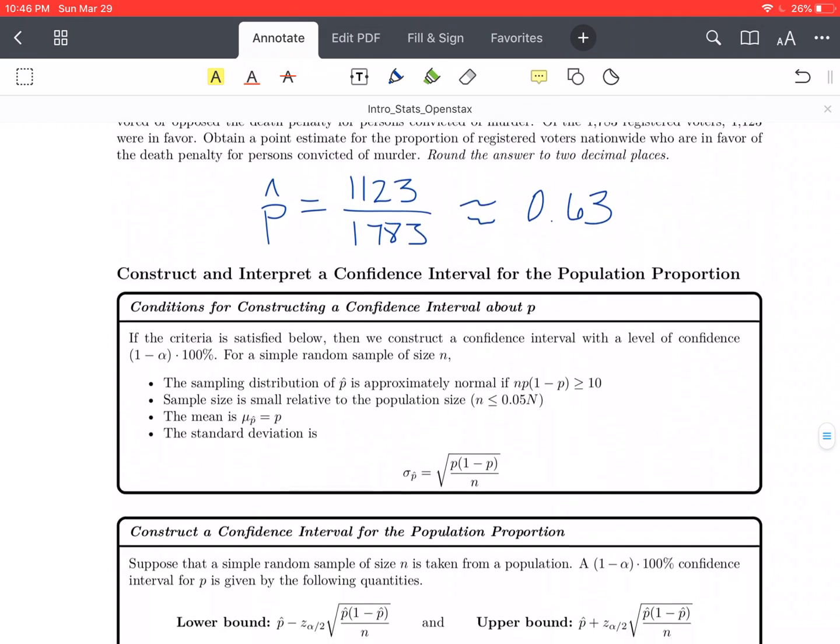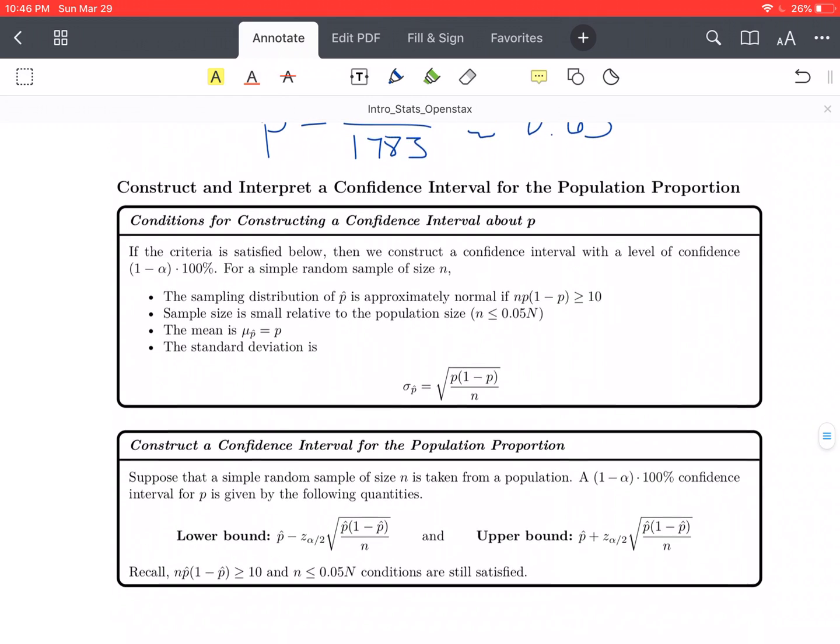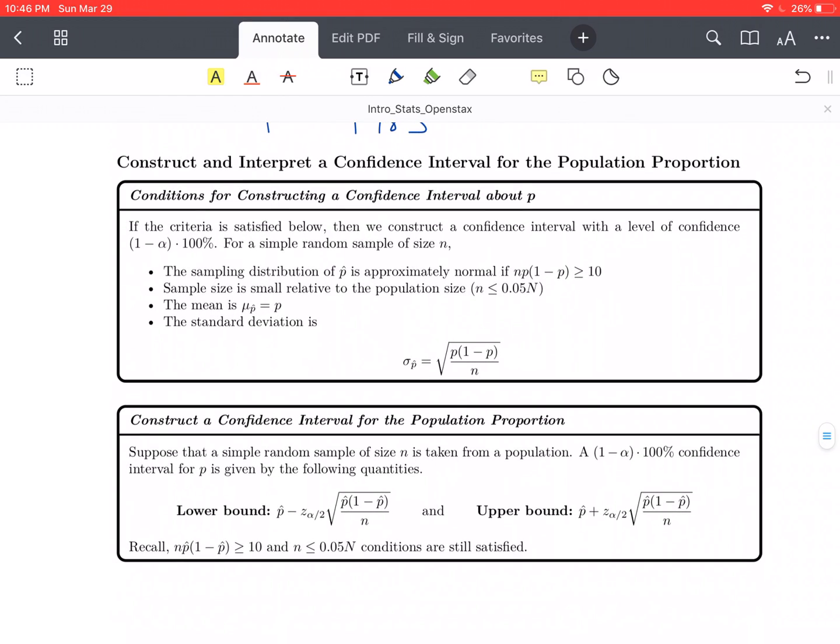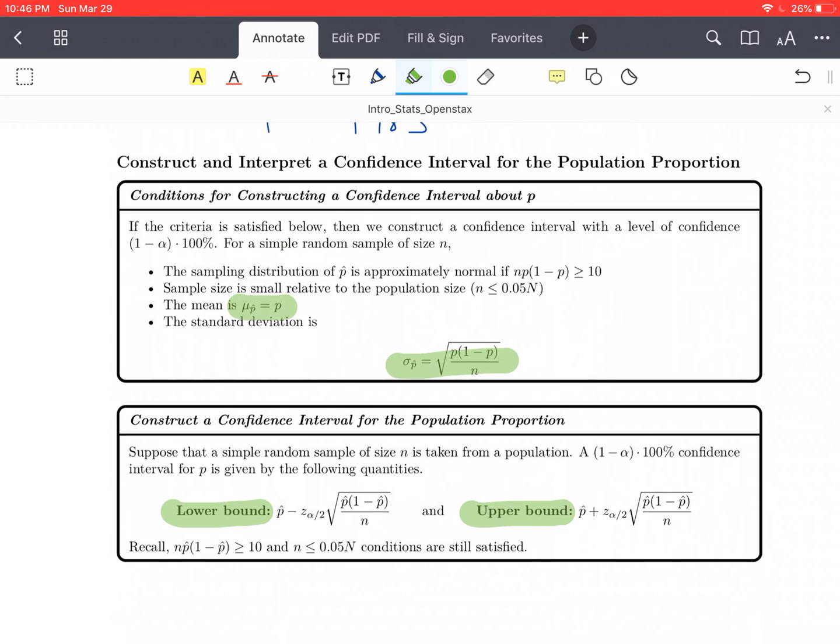Now for a confidence interval for a population proportion. So in this case, we're doing things very similarly to how we did before. So the mean is p, right? The standard deviation uses that same formula. But now for our lower and upper bounds, okay, given our confidence interval of 1 minus alpha times 100%, the lower bound and upper bound come from p hat plus or minus z sub alpha over 2 times that sigma value, right?